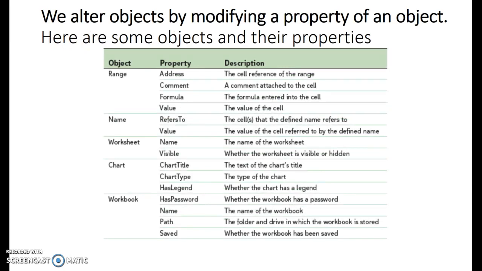So we modify an object by changing a property of that object. And if you want to do that, we can say here, for instance, that we could change the title of a chart. And we just changed the property of sheet 2 a little earlier. So we did some of that today already.